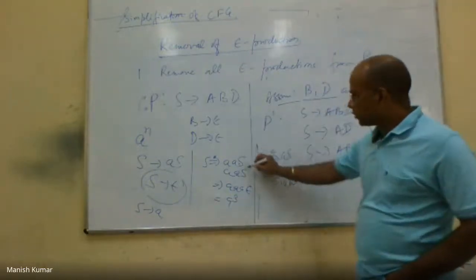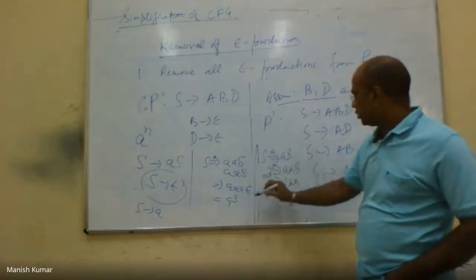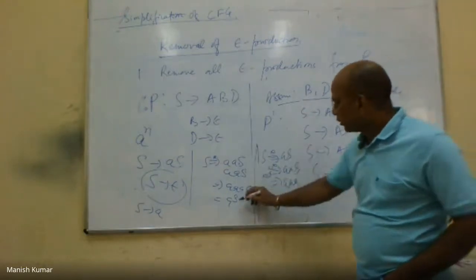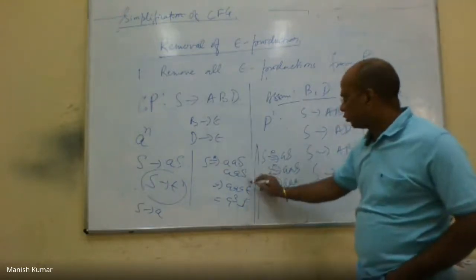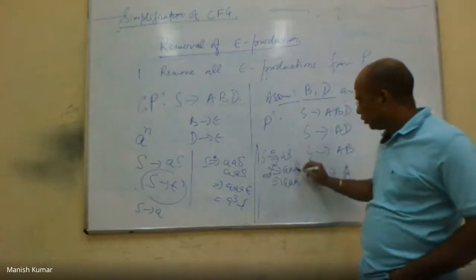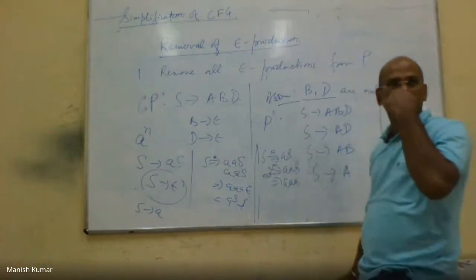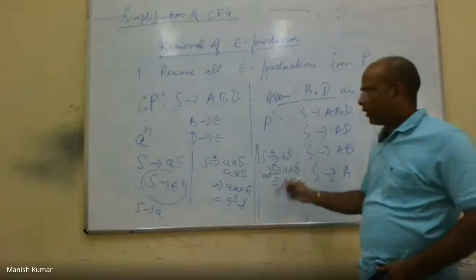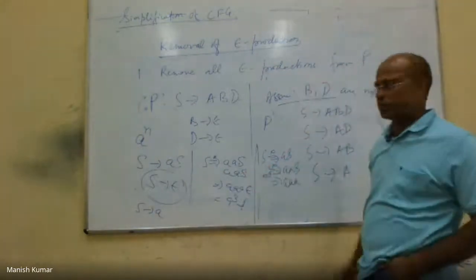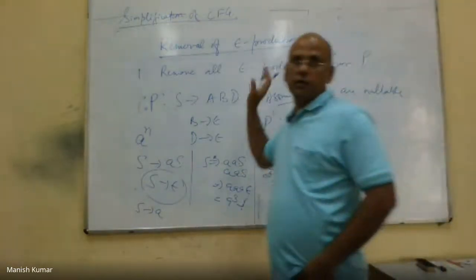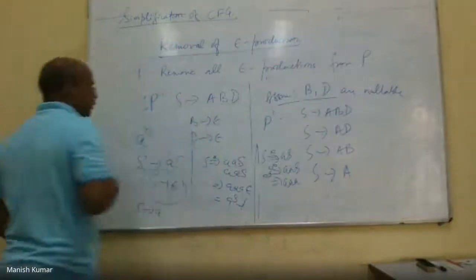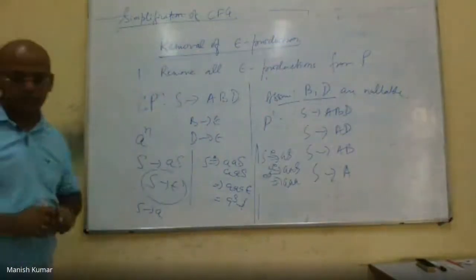So in this case, it takes 1, 2, 3, whereas in the original case, generating this part takes 1, 2, 3, 4. Only in 3 iterations will it generate the same thing by eliminating this part. Okay, so these are the changes which will come into place. Okay, fine.